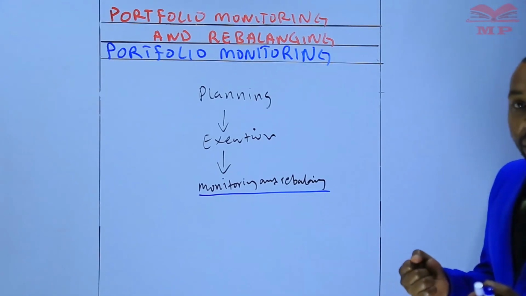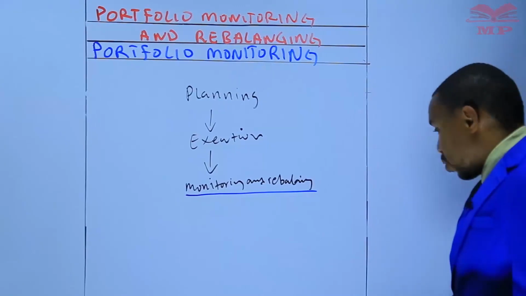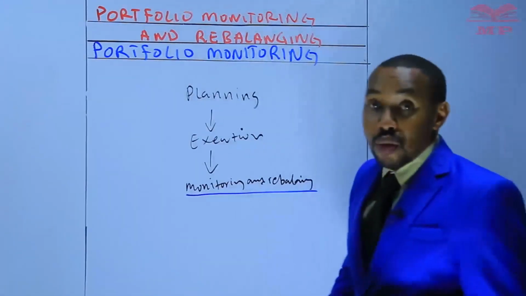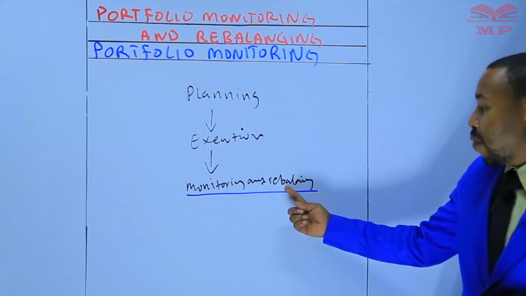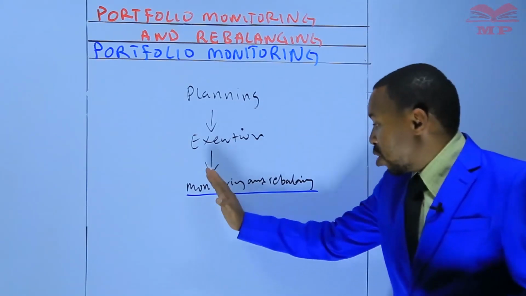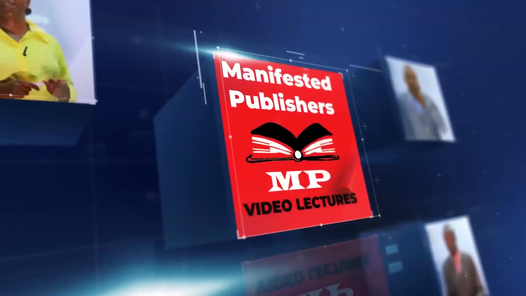How is it changing based on the changes of the other two factors? That's what we're going to focus on under monitoring. And then once we clear that section, we are going to have another section of rebalancing. So this topic is going to split into two sections, monitoring, and the other section is going to be rebalancing.